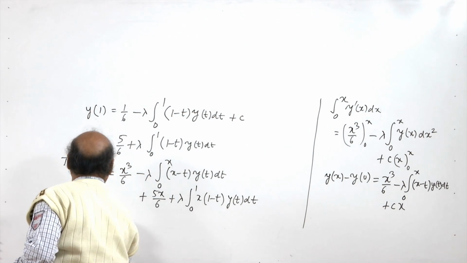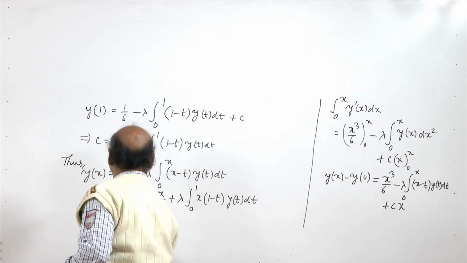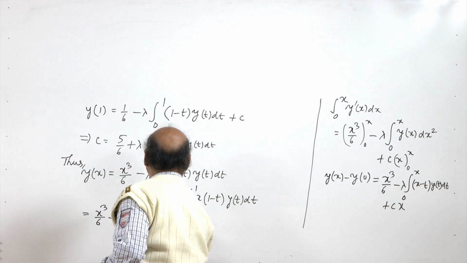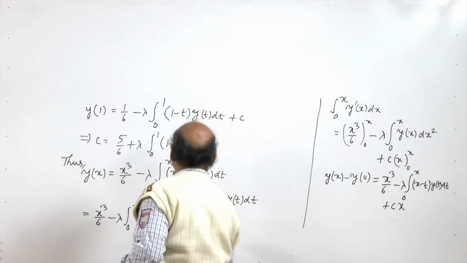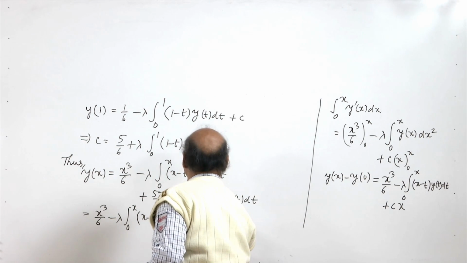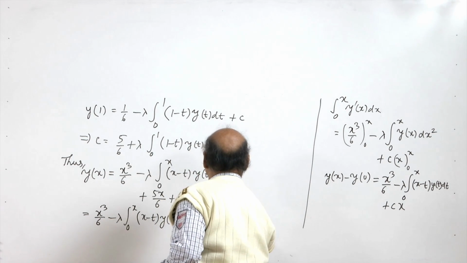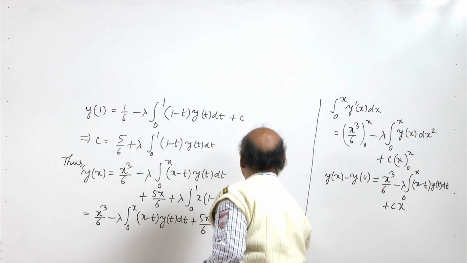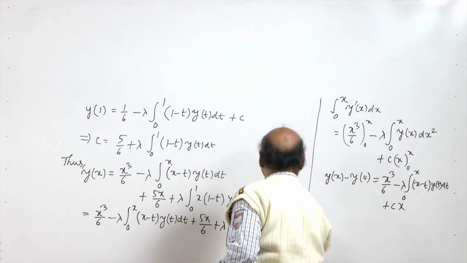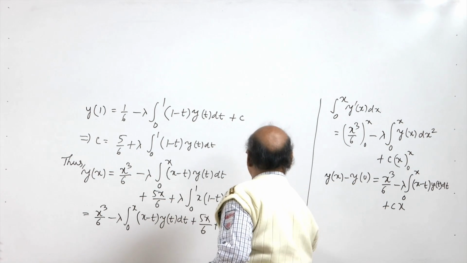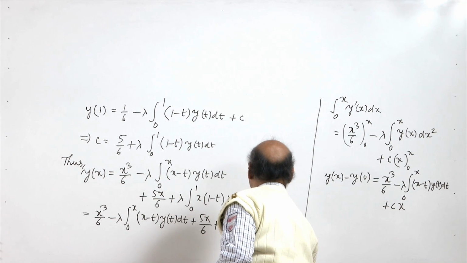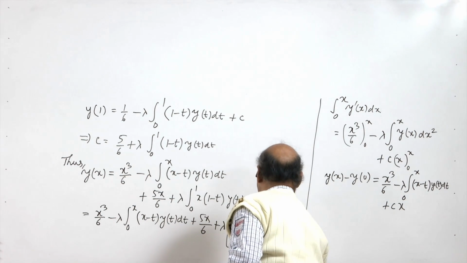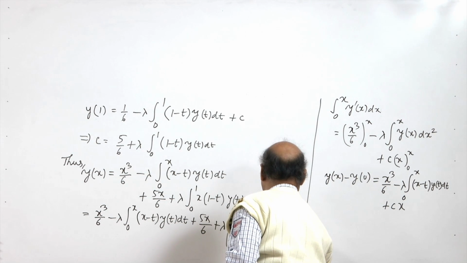So what we do, x cube by 6 minus lambda integral 0 to x (x minus t) y(t) dt plus 5x by 6, and then we write lambda times integral 0 to x x times (1 minus t) y(t) dt plus integral x to 1 x times (1 minus t) y(t) dt.